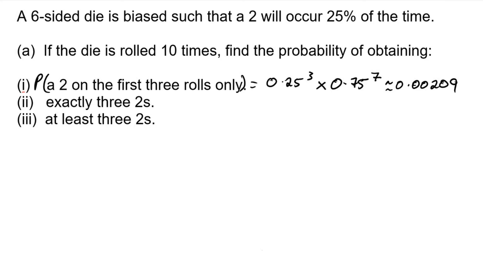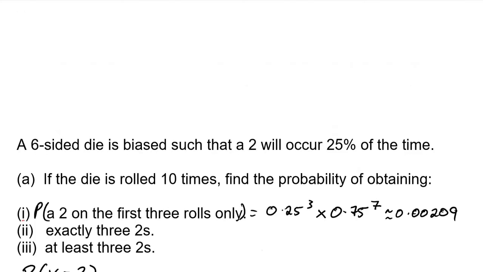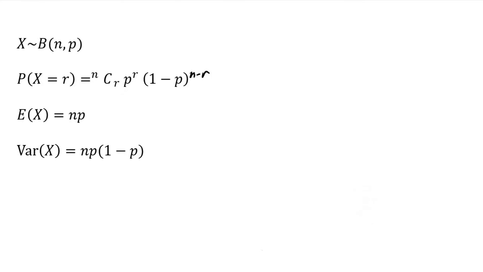With question 2 and 3, what we're now looking at are scenarios where there are lots of different outcomes. So in the first example, there was literally only one way that we could achieve that, and that was by throwing a 2, followed by a 2, followed by a 2, followed by 7 outcomes that were not 2s. In the second question here, what we're trying to find is the probability of exactly 3 2s, which means we want 3 successes. We can apply this rule.